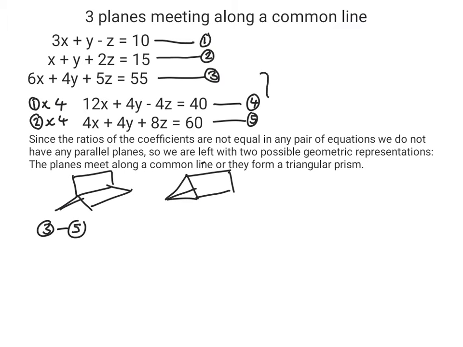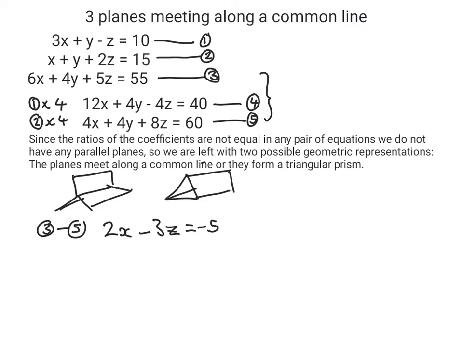At the moment, I'm deciding I'm going to deal with these ones because they've all got the same number of y's. So 3 take away 5 is going to give me 2x, the y's are going to cancel, minus 3z equals minus 5. Do note I cannot cancel this down anymore by dividing by a common factor.